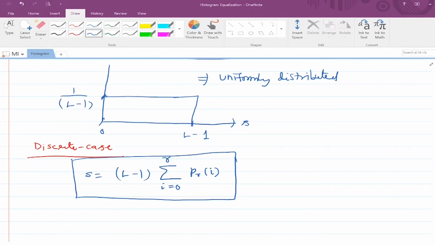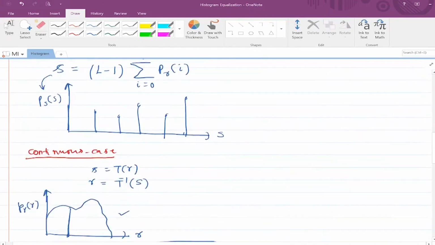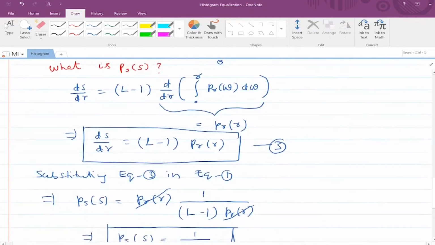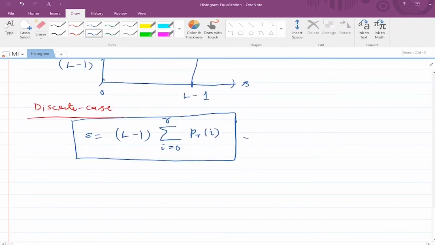But nevertheless, that's the best you could do, right? I hope now it is clear to you what transformation you need to apply to a given image in order to obtain a discrete equivalent of it.